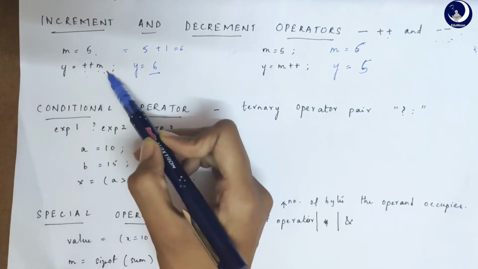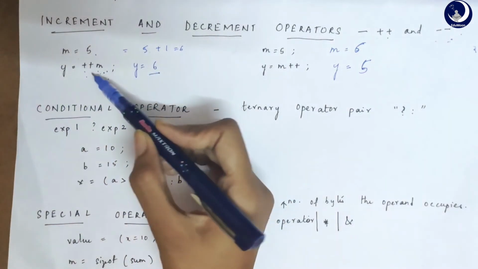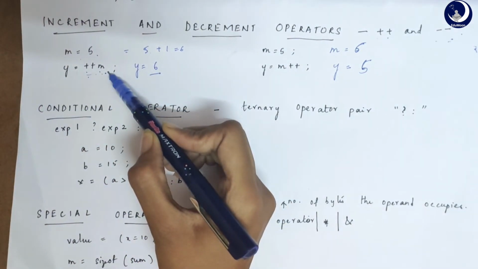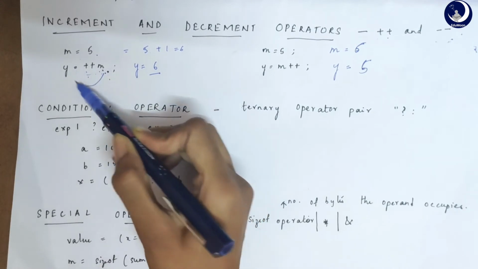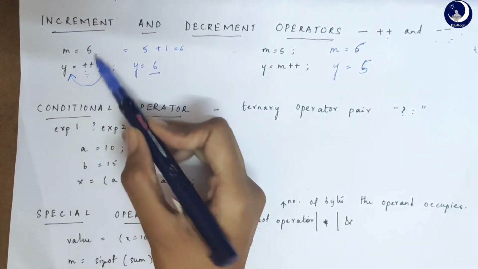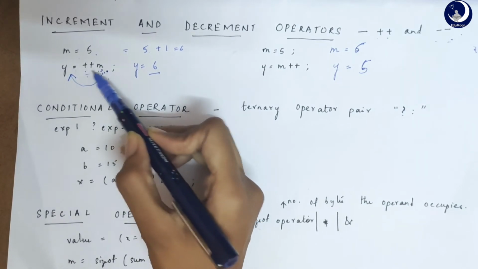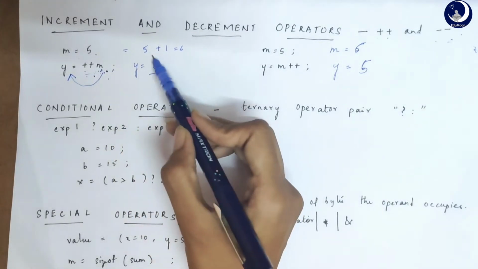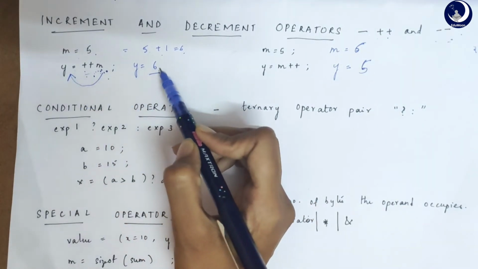So plus plus m is the pre-increment operator. This operator increments the value of m first and assigns it to y. So now after this operation, what is the value of m? It gets incremented. So it is 5 plus 1, which is equal to 6, and y is 6.